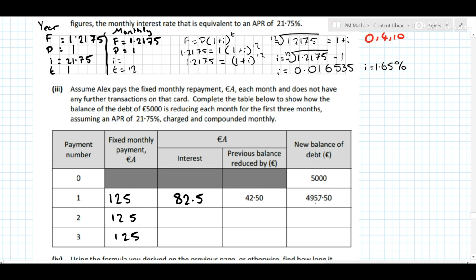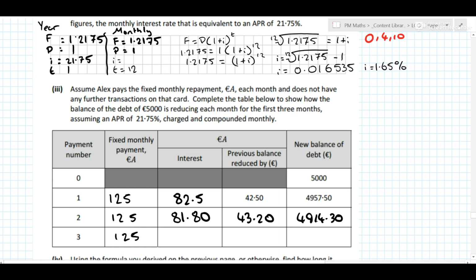So now how much interest is he charged here? Well, we need to find 1.65% of this sum right here, which happens to be 81.80. Taking that away from 125 is 43.20, and then the new balance is 4914.30.